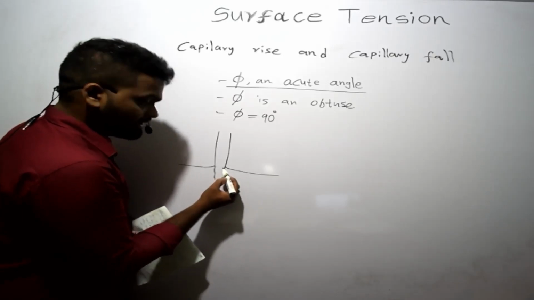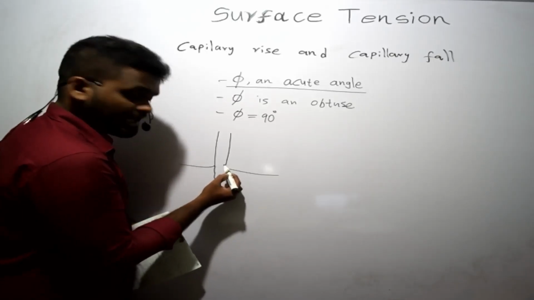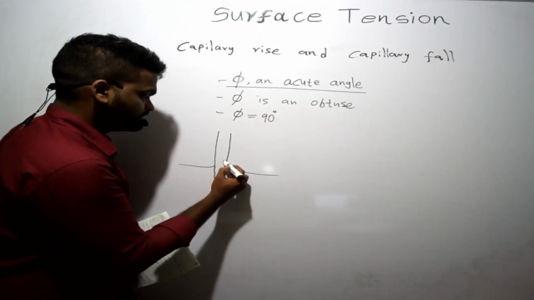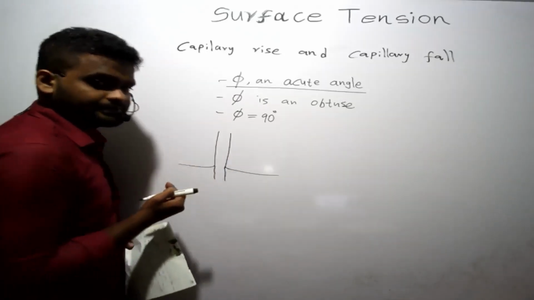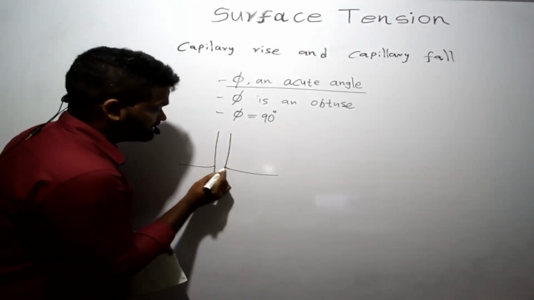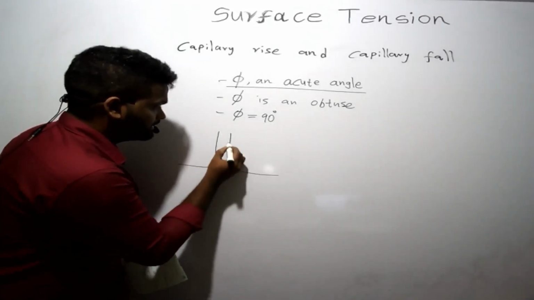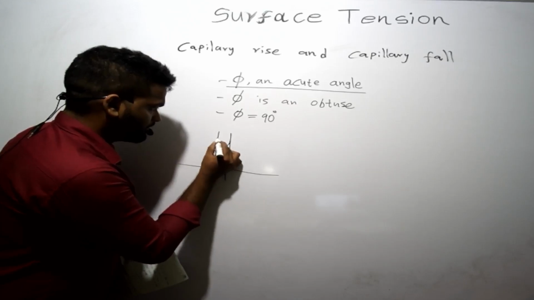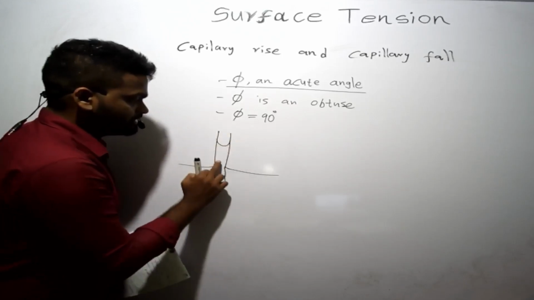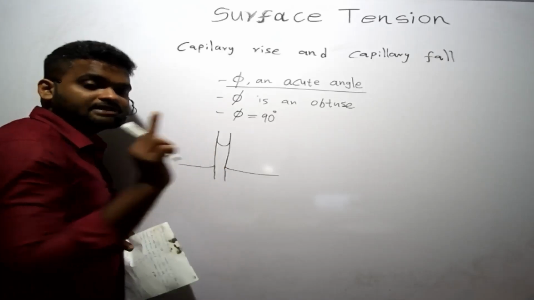Because of the surface tension, the water is attracted to the glass. It is very attractive to the glass. Then there's a capillary rise, somewhat like this. This is totally because of surface tension, right?